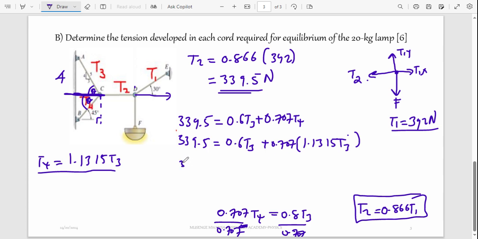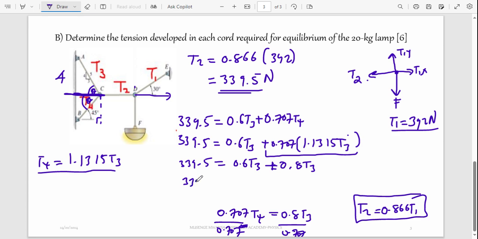So this will give us 339.5 is equal to, first thing is I'm going to multiply this. That is going to give us 0.8. There's actually a plus here, 0.8 T3. Then the next thing is I'm going to add those two terms.